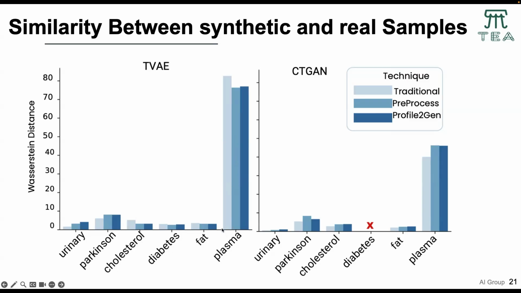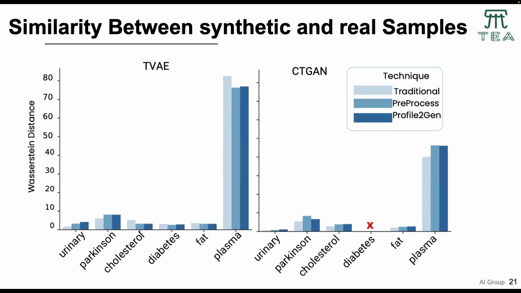So it compares the traditional way, which is just directly using a generative model to generate, and the pre-processed way, which is generate with profiling but without refinement, and their best way, which is profile to generation. So which is generate a profile and iterative refinement.